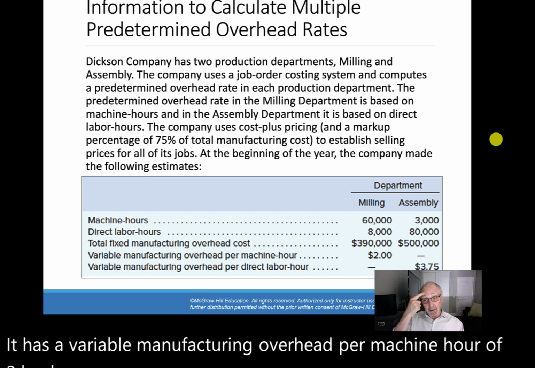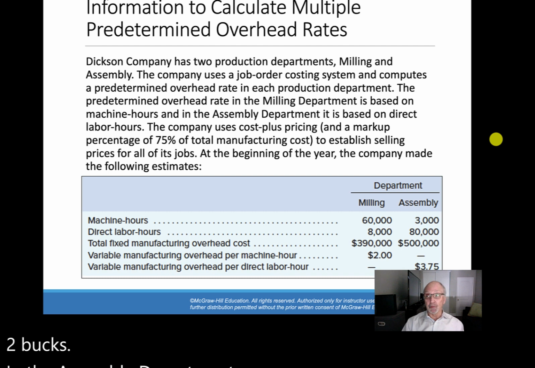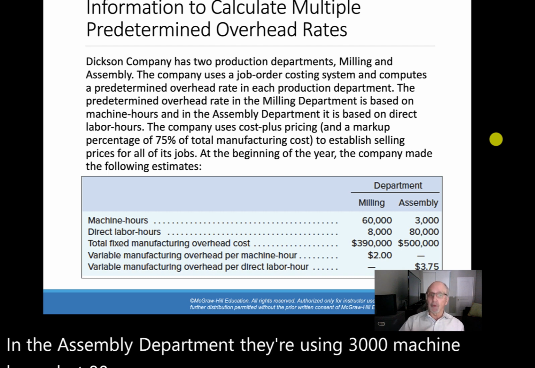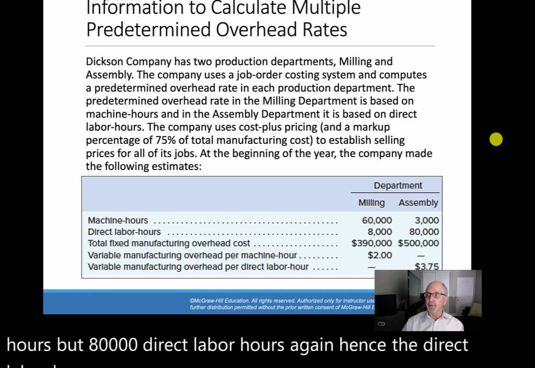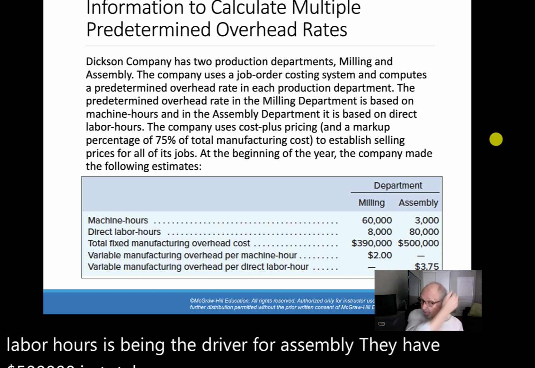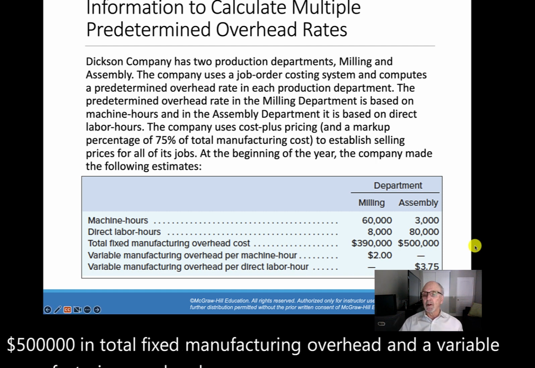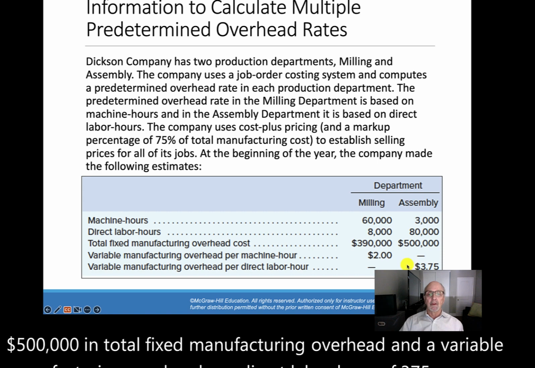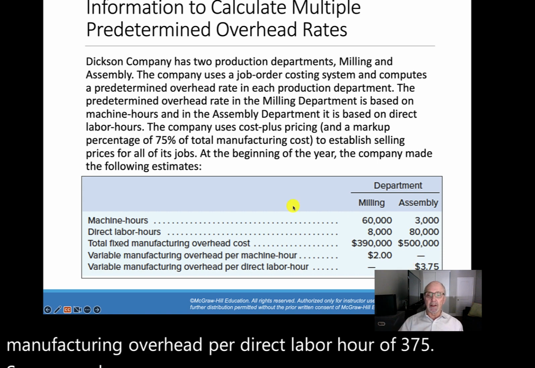In the assembly department, they're using 3,000 machine hours, but 80,000 direct labor hours. Again, hence the direct labor hours as being the driver for assembly. They have $500,000 in total fixed manufacturing overhead and a variable manufacturing overhead per direct labor hour of $3.75. So now we have all we need to calculate the costs here.